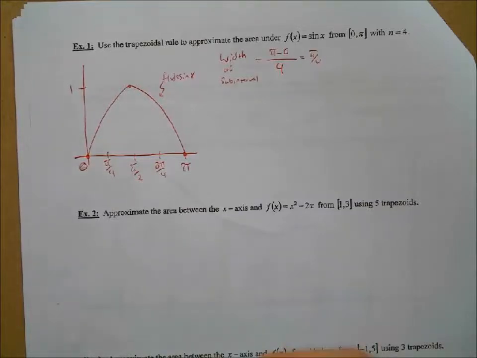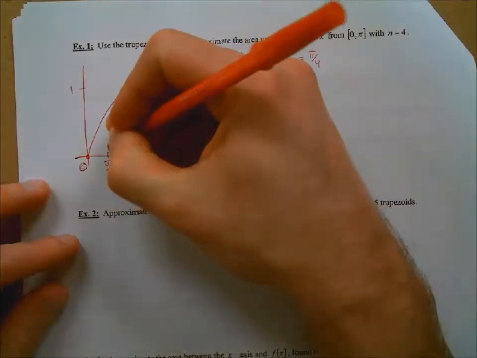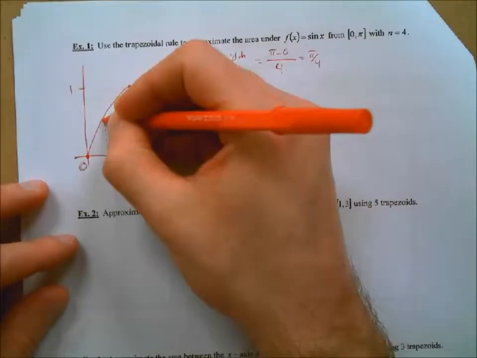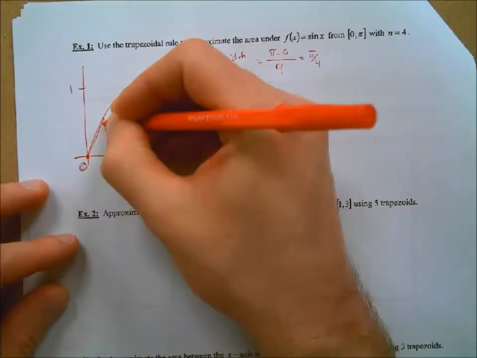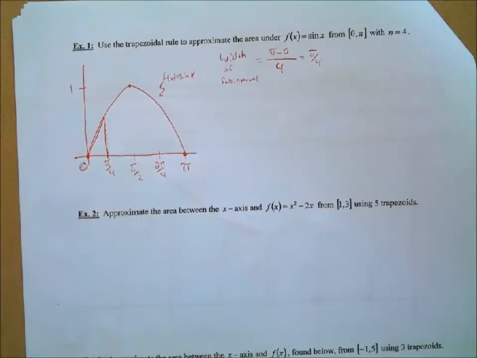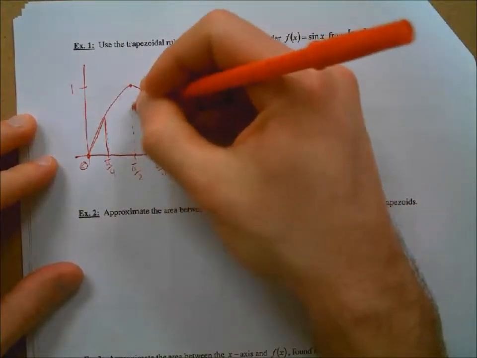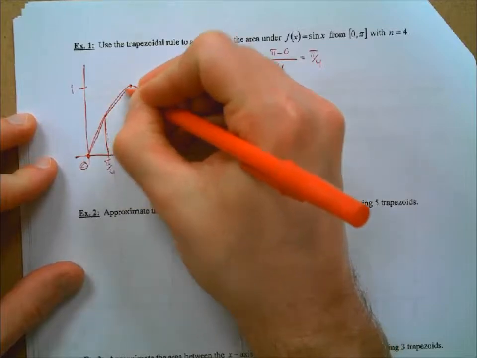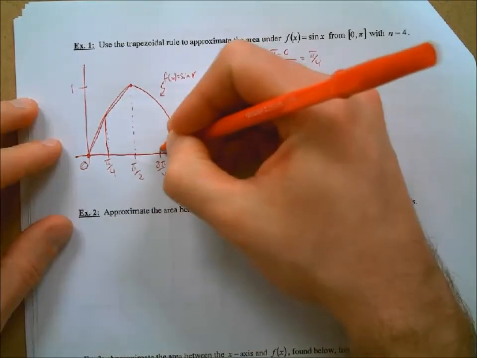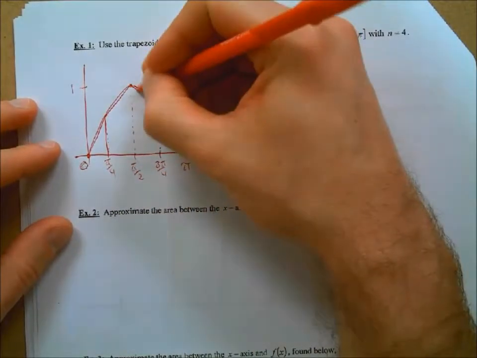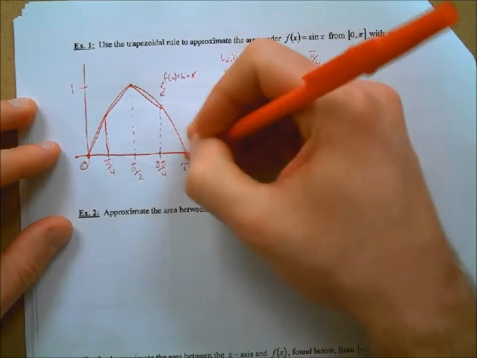And if we want, we can then graph kind of the trapezoids here. So again, there's our first trapezoid. Okay, it's really actually a triangle, but anyway. All right, and then there's our second trapezoid here. Okay, and then our third trapezoid. And then our fourth trapezoid.